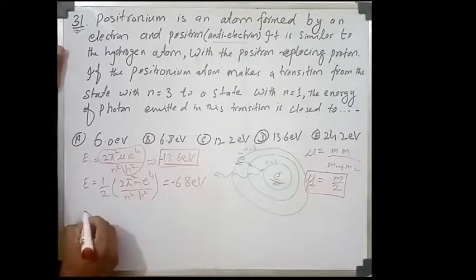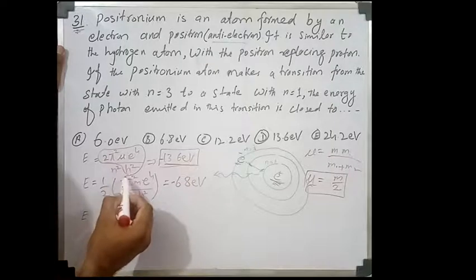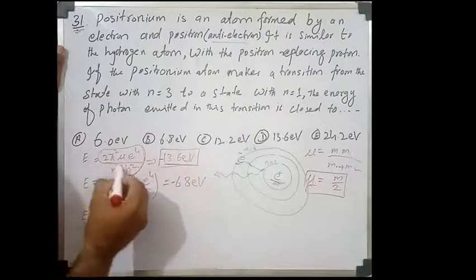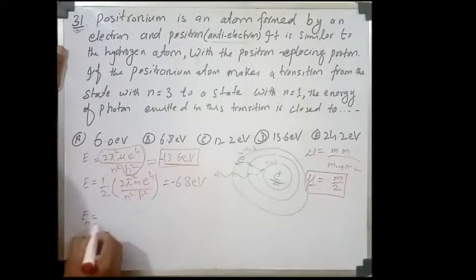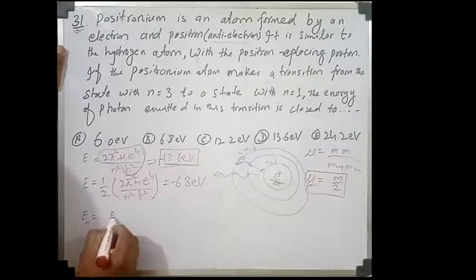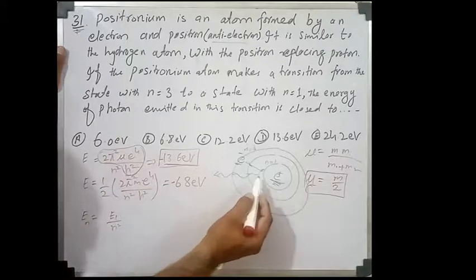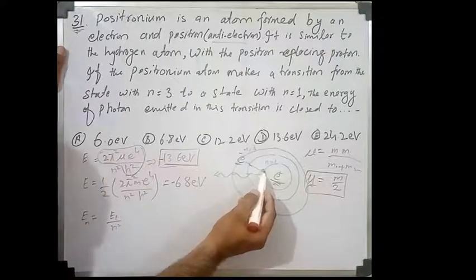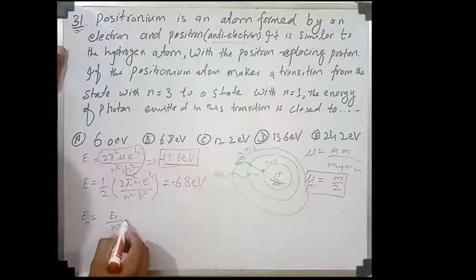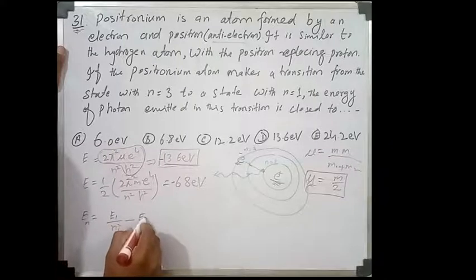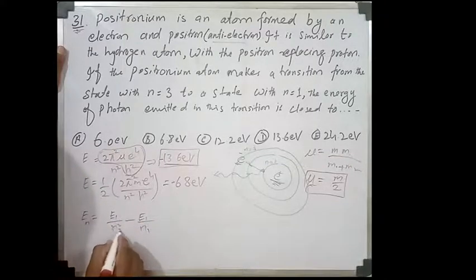For this, everything else is constant, and En is equal to minus E1 divided by n square. Now if we are finding the transition energy, then it must be the difference of E1 divided by n1 square and E1 divided by n3 square.